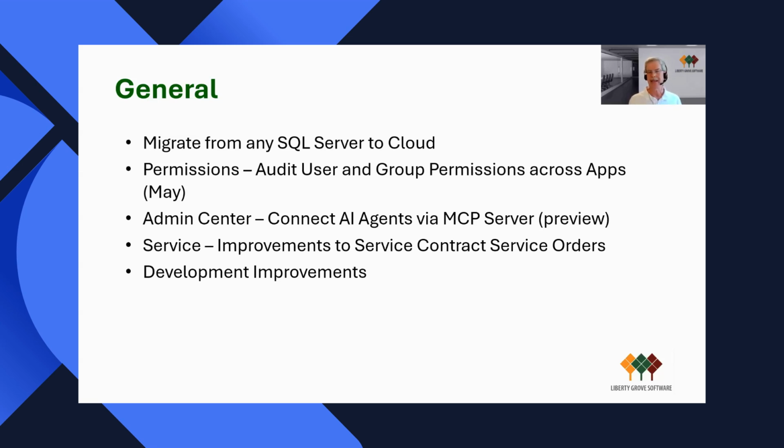So you're able to connect now using AI agents coming through the MCP server into the admin center. So we've looked at agents earlier as configurable within Business Central. This allows you to actually start to set up agents that are monitoring your environment and can look at a variety of different things, whether it be telemetry and performance of the system.